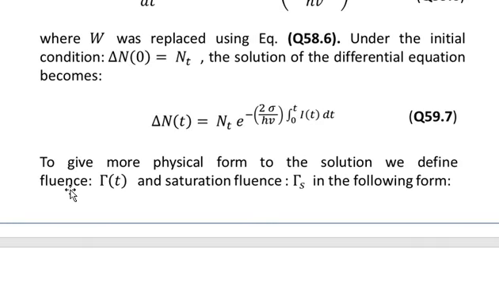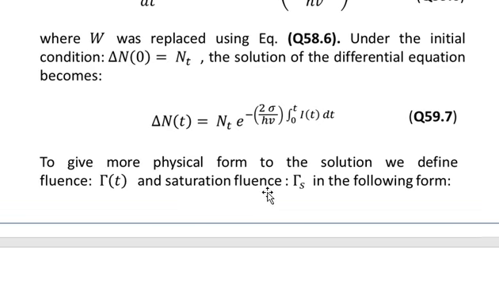Fluence is the energy absorbed by the material per unit area from the pulse. This term is used with the light pulses of a laser beam, and the energy absorbed by the material from the light pulses per unit area is called fluence. So we define the fluence as gamma of t, and we shall replace the integral shown in equation number 7 by gamma of t.